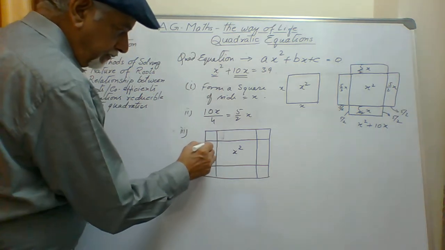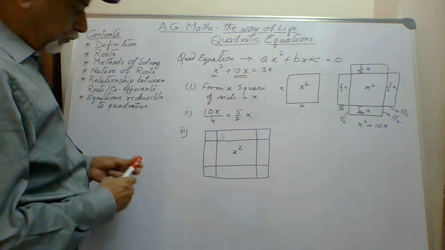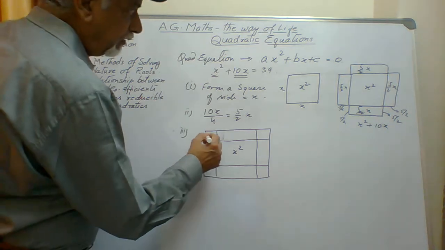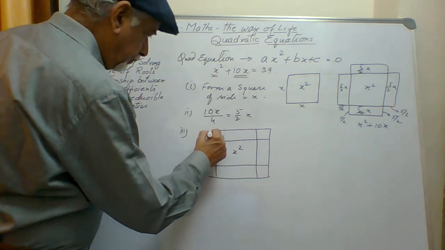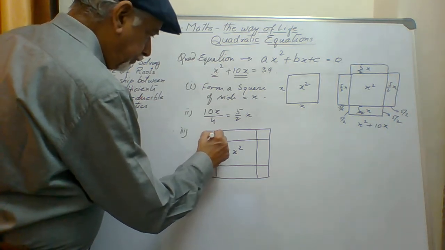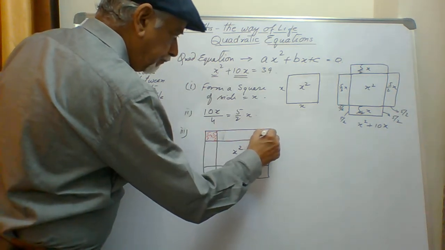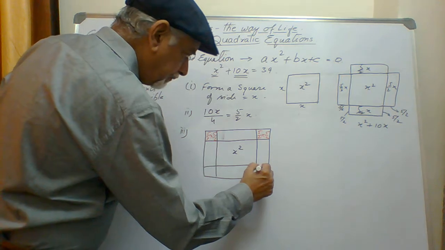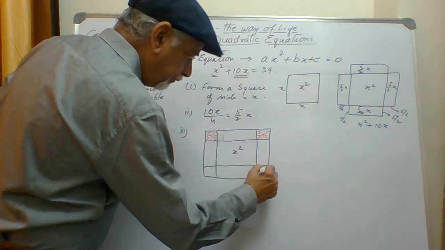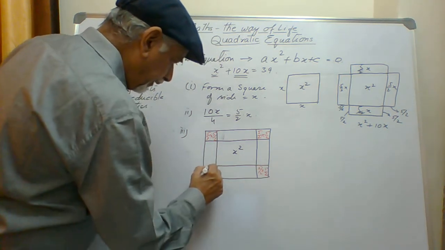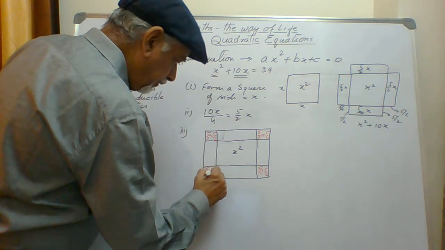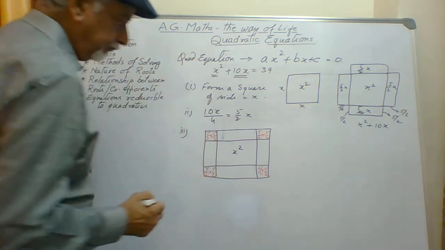This much is 5x by 2. The red part I will write: this is 5 by 2 into 5 by 2, and this is also 5 by 2 into 5 by 2, in each of the four corners.